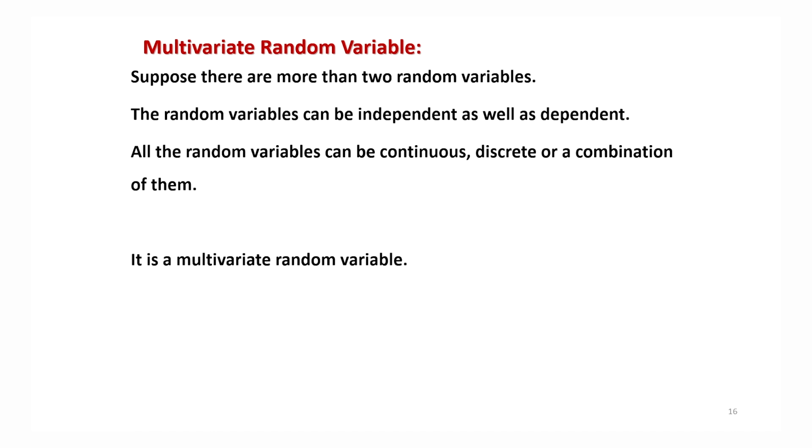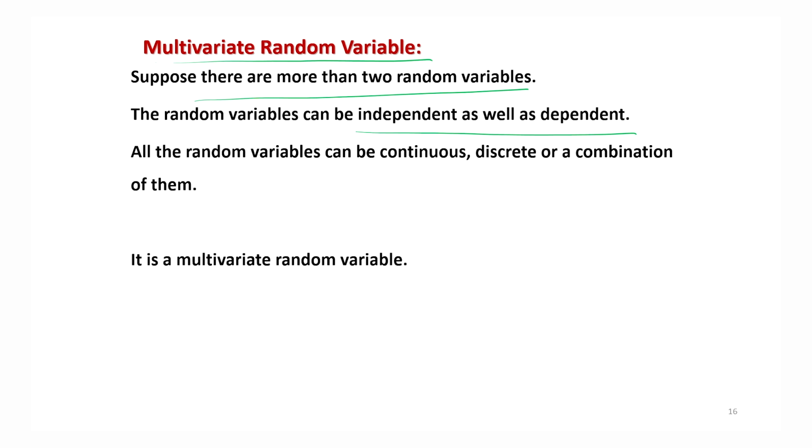Now, I started with a univariate random variable, extended to two random variables, and similarly I can extend to a general setup where we have more than two random variables. This setup is called a multivariate random variable. Once again, all the random variables can be independent or dependent, and we have statistical measures by which we can judge.